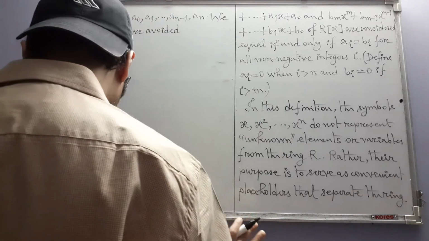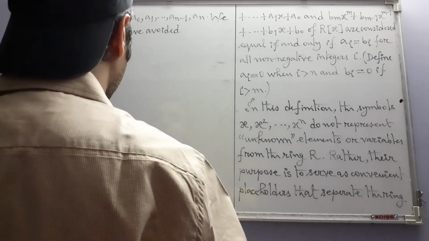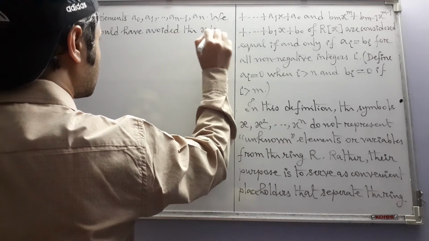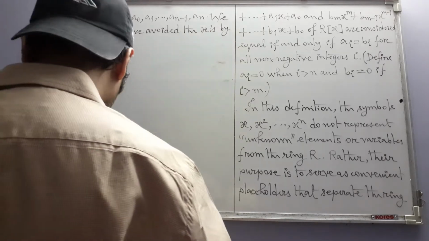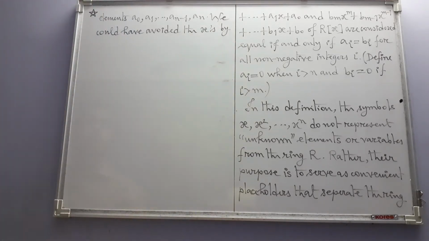We could have avoided this way of representing polynomials by defining polynomials as some infinite sequences.